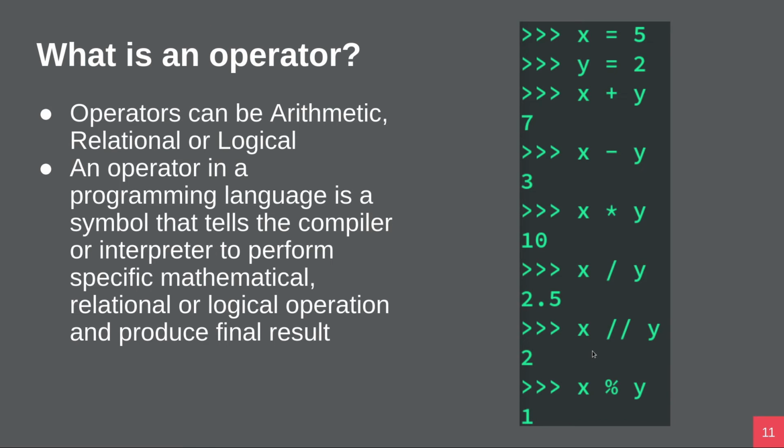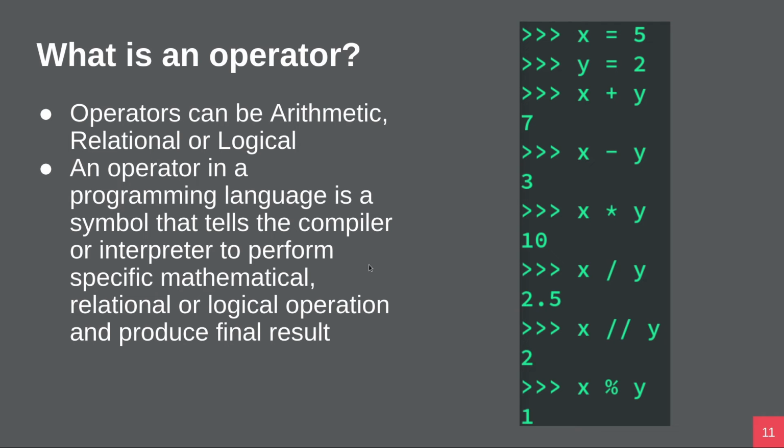Right, so operators can be arithmetic, which I just talked about, doing calculations. They can be relational, sometimes called rational, and they can be logical, which means things like greater than or less than. An operator in a programming language is just a symbol that tells the interpreter to perform some calculation.